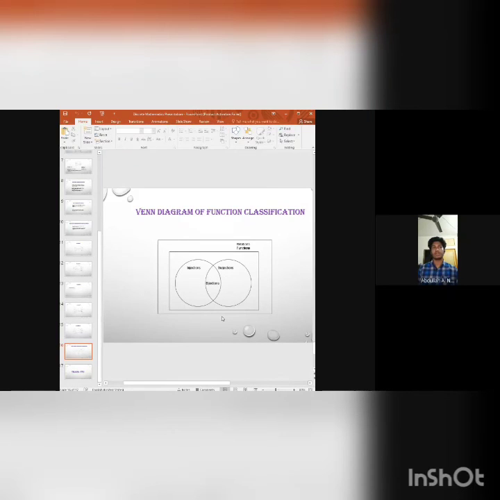Venn diagram of function classification. A ring chart, also known as a sunburst chart or a multi-level pie chart, is used to visualize hierarchical data depicted by concentric circles.